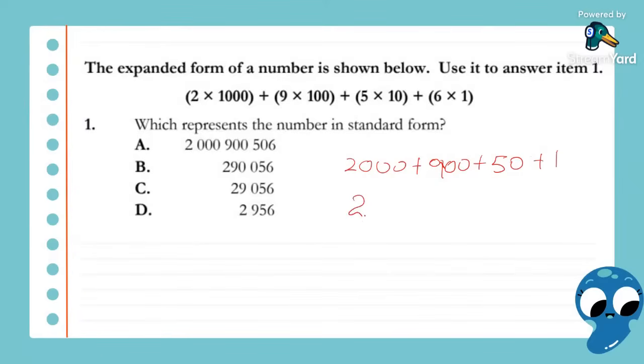We have 2 in the thousands place, 9 in the hundreds place, 5 in the tens place, and 6 in the ones place. All right, thank you for that correction. 2,956. So if your answer was D, 2,956, good job. You are correct. Awesome work. Yes, Nikayla, I did. I'm happy that you guys were focusing. Thank you so much. All right, let's go to question number 2.